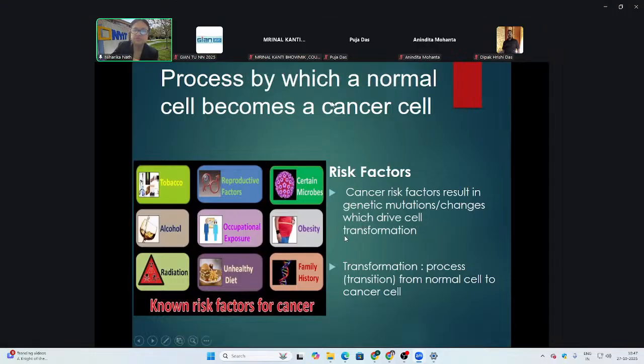In mammalian cells, for a normal cell to become a cancer cell, transformation has a very specific meaning. These risk factors can be tobacco, microbes, bacteria, obesity, family history, alcohol, occupational exposure, exposure to asbestos, and a poor diet. These are the ones that are known.